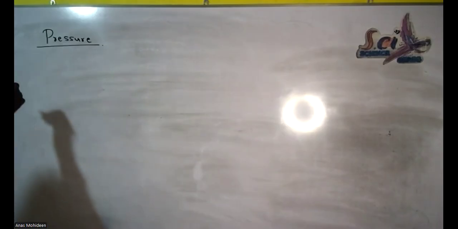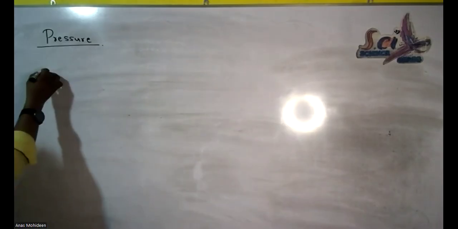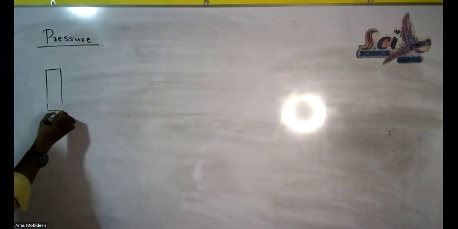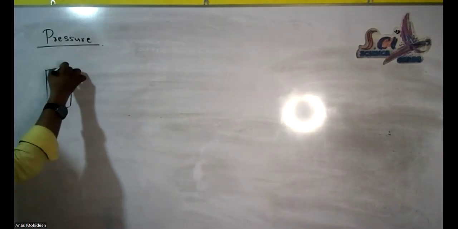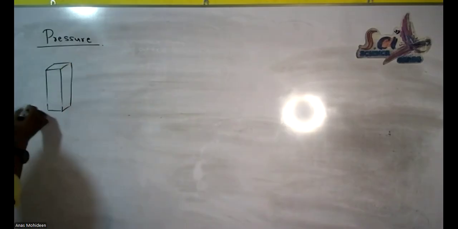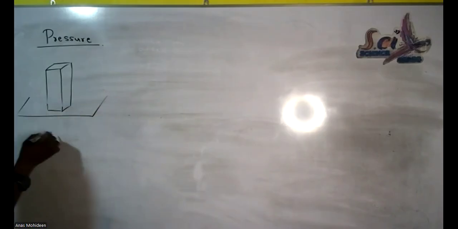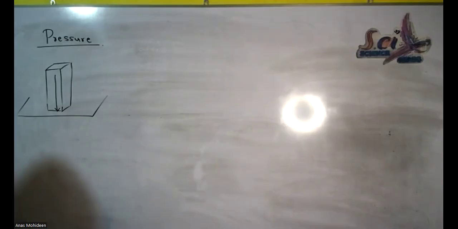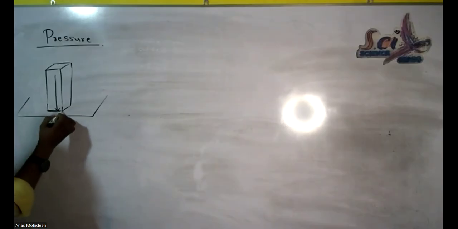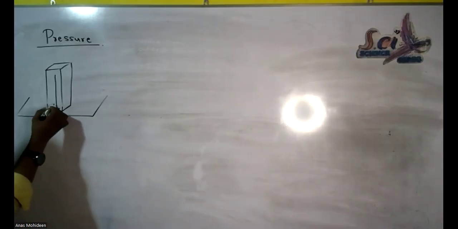All right. So take an object. Over another surface, you're going to apply a force. And this is the surface area where it is contacting, the entire part.